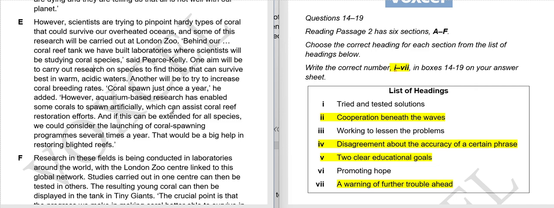That would be a big help in restoring blighted reefs. So here in this paragraph, they are trying to tell us what kind of aims the researchers have, and how they are planning to save corals. Okay, can you tell me the answer?